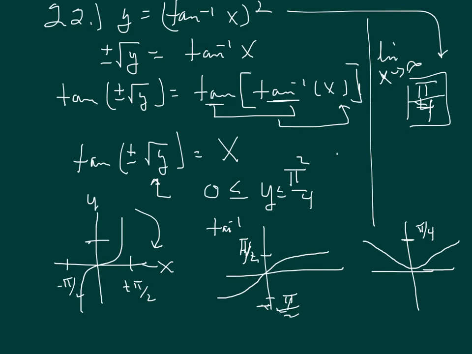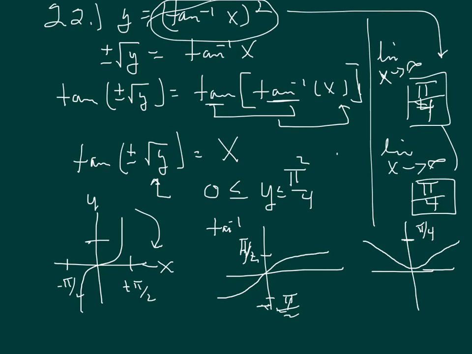As x approaches negative infinity, this term is always squared, so y cannot be negative. So as x approaches negative infinity, I also have the limit pi over 4. So in both cases, the limit is plus pi over 4.